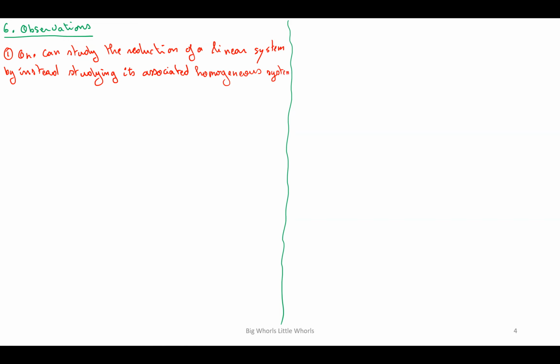Let me squeeze it there. Okay, why? Because the homogeneous system always has a solution.